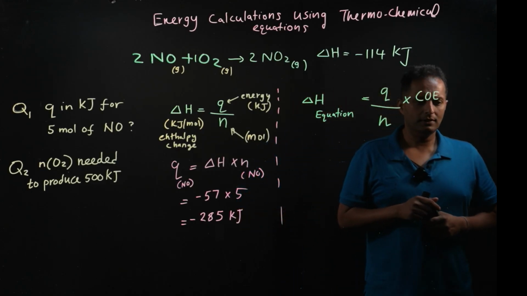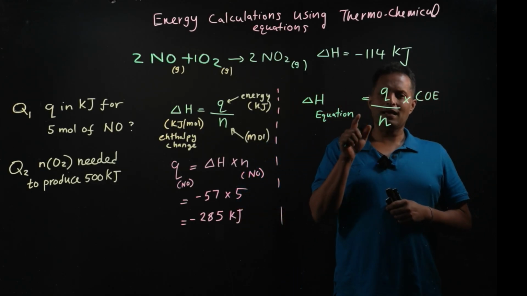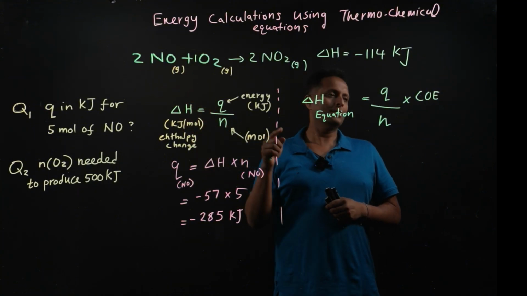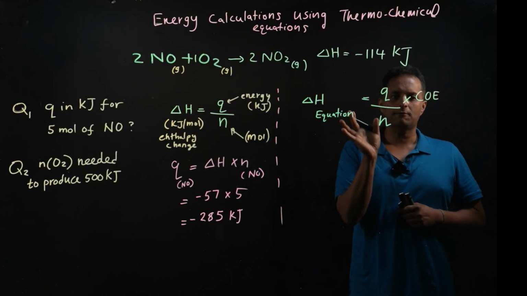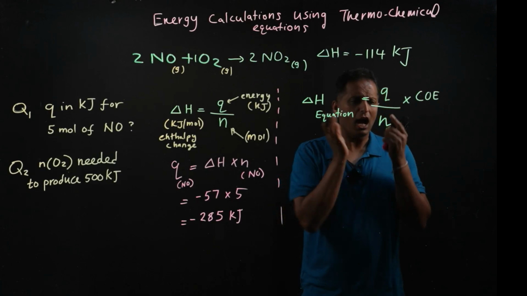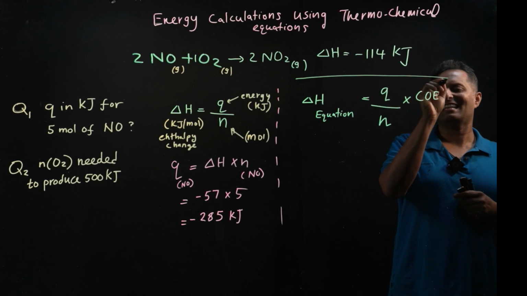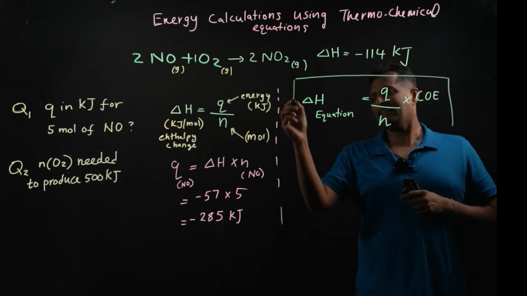Is that clear? So this is the coefficient, in this case the 2. This is the version of the formula I want you to use. If you use this formula, you are not going to get anything wrong.